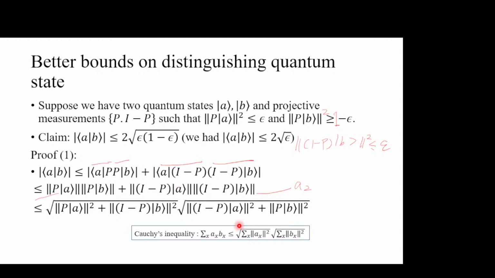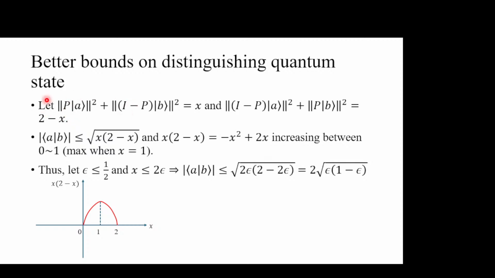But we do this a little more carefully, because they are less than or equal to epsilon, not necessarily equal to epsilon. So let's say those two terms sum together to x, and then the other two terms sum to 2 minus x, because this term plus this term should equal 1, and this term plus this term should equal 1.